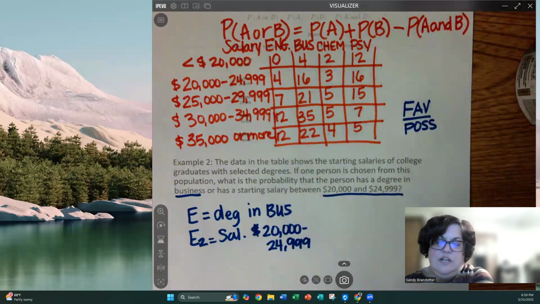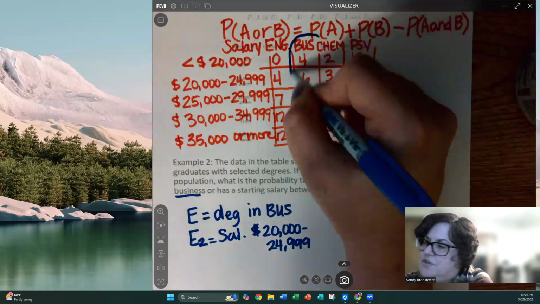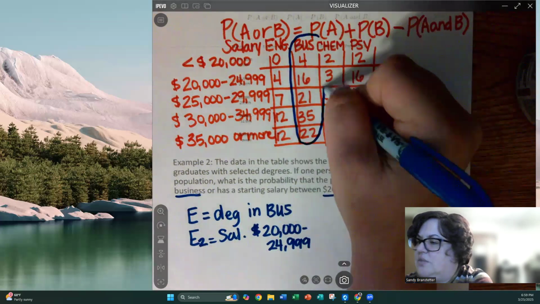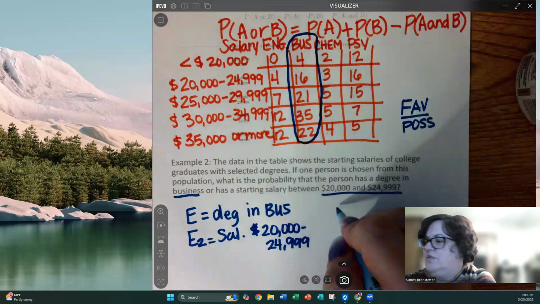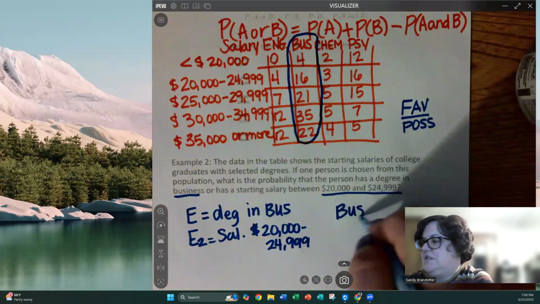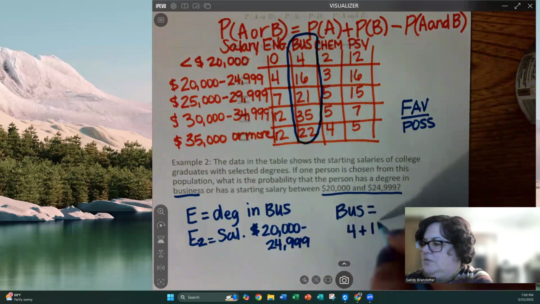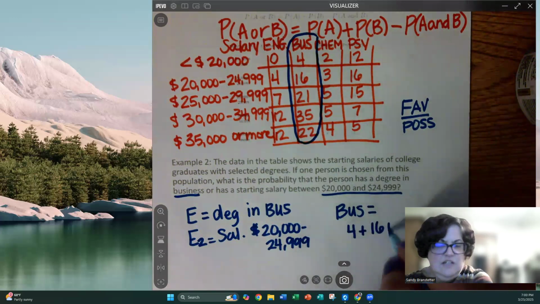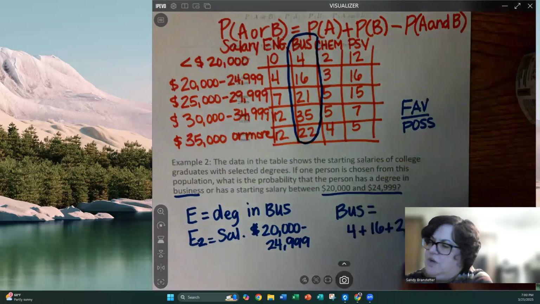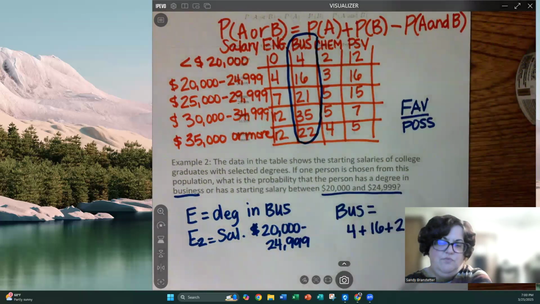So as we are getting started, let's add up all the business numbers. So that's this column right here. So I'll write those down here as we're doing them. So business is equal to 4 plus 16 plus 21 plus 35 plus 22.